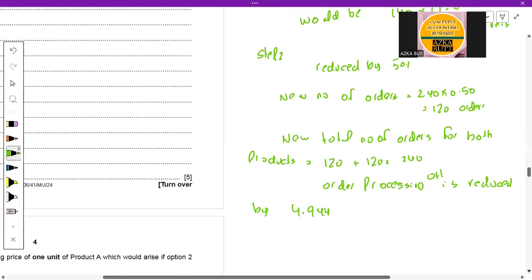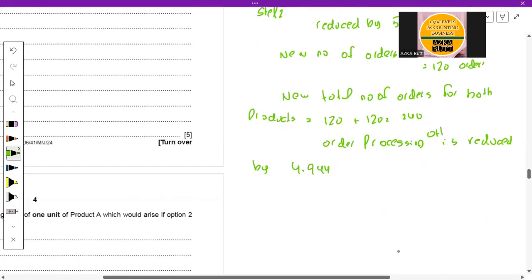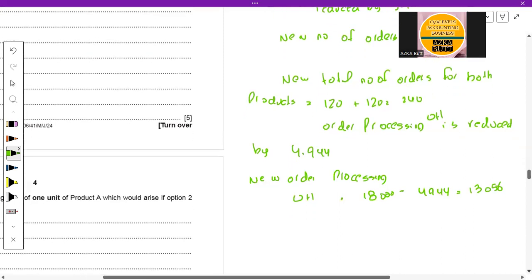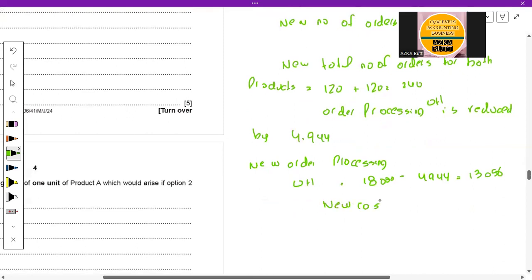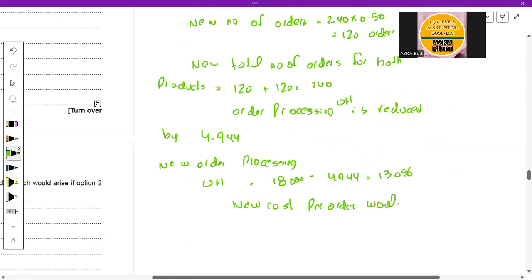So then new order processing overhead would be equal to 18,000 minus 4944, which is equal to 13,056, and new cost per order would be 13,056 divided by 240 orders, and this is equal to $54.40 per order.